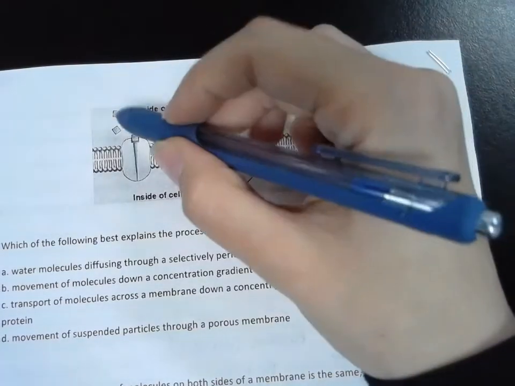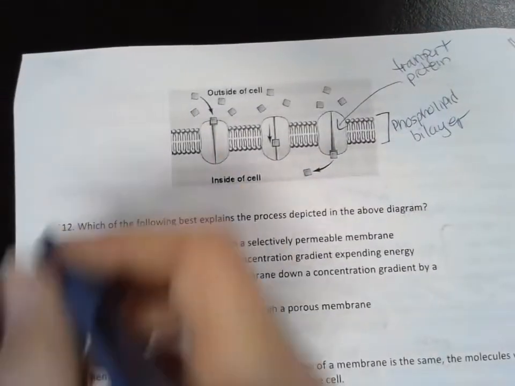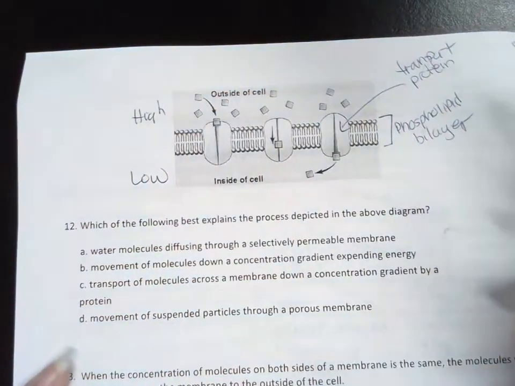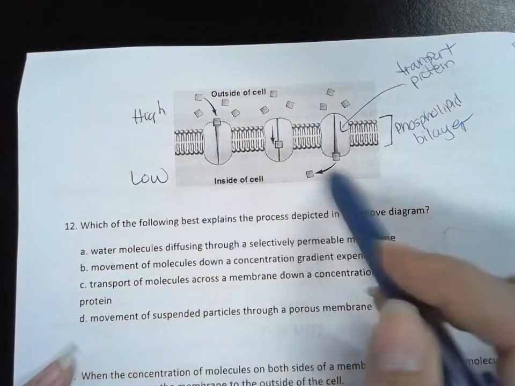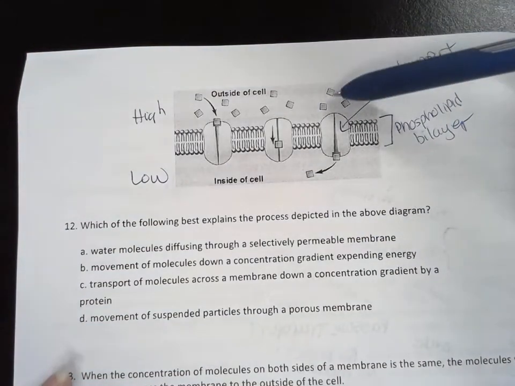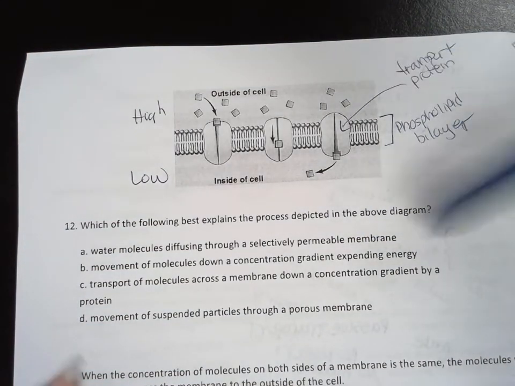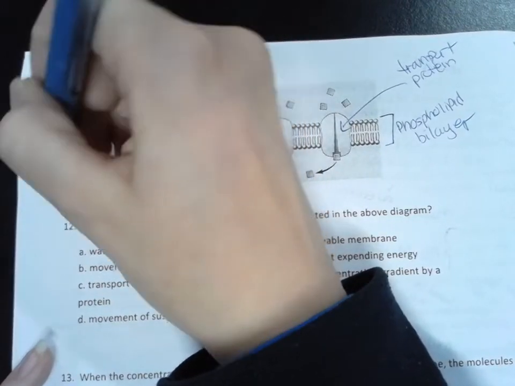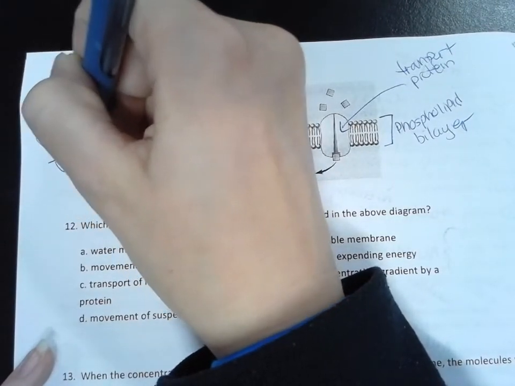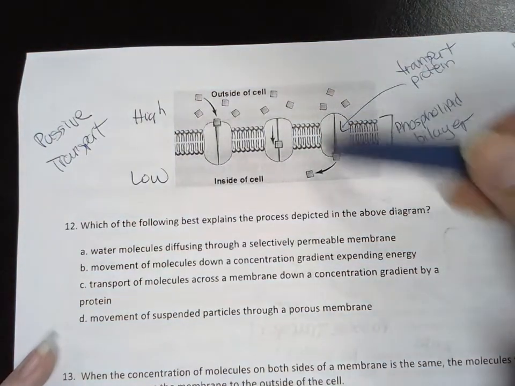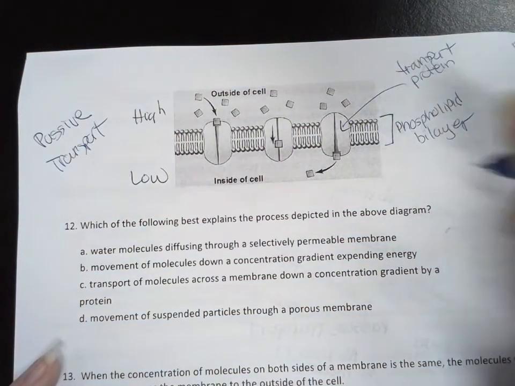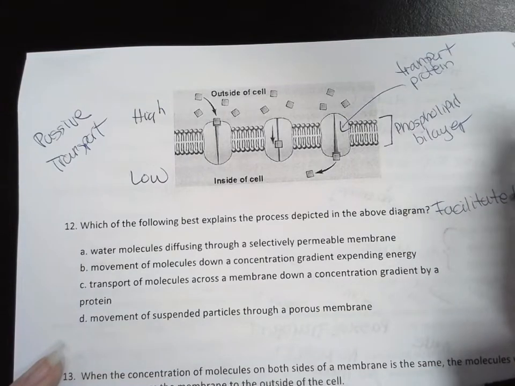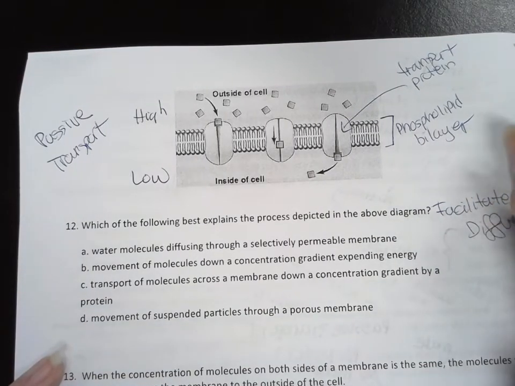I see my arrows are going from a high concentration to a low concentration because I have a lot of molecules up here, not a lot of molecules. So if molecules are diffusing from high to low concentration, I know for sure that this is passive transport. If they are traveling from high to low through a transport protein, I know that this is facilitated diffusion. So I'm going to look for this.